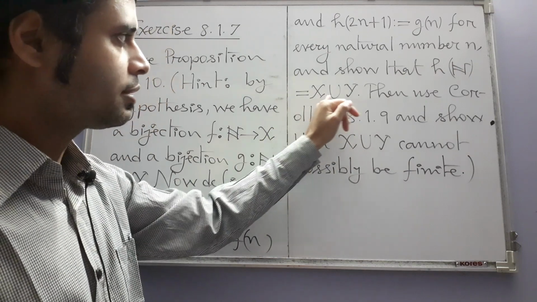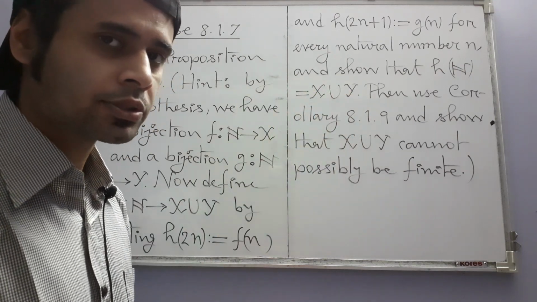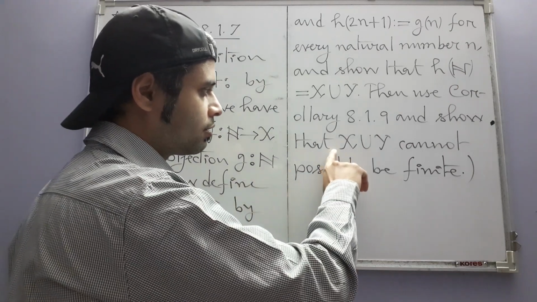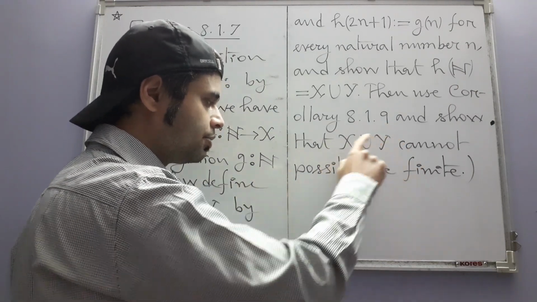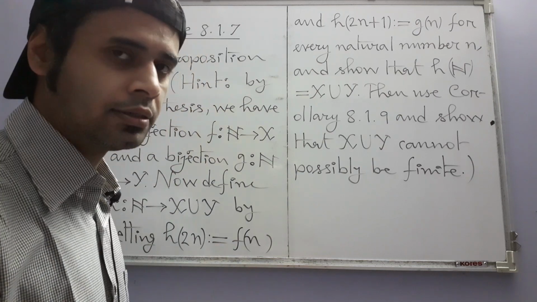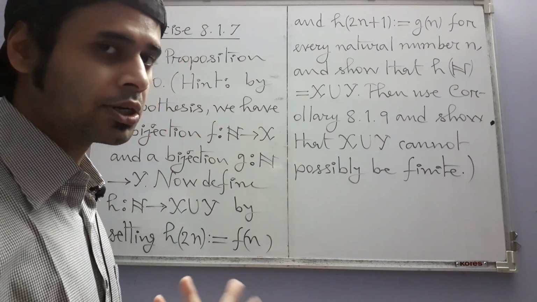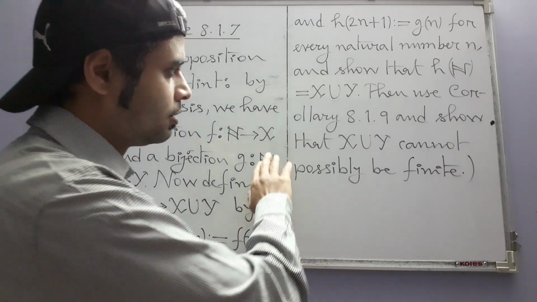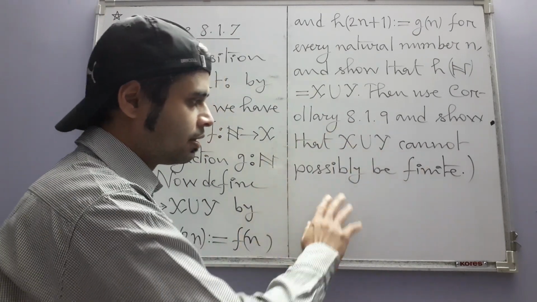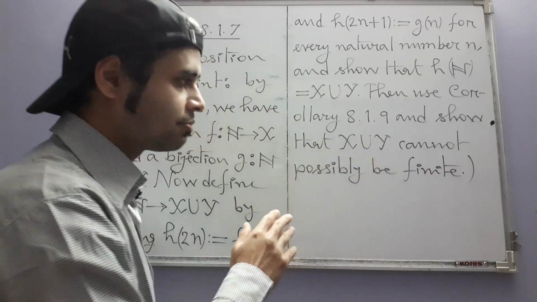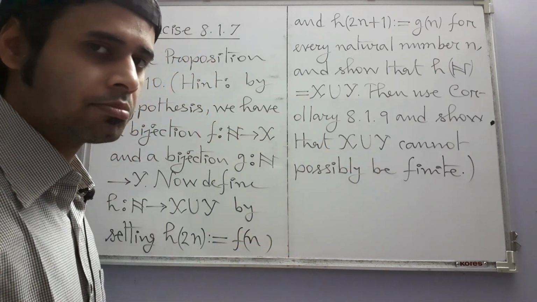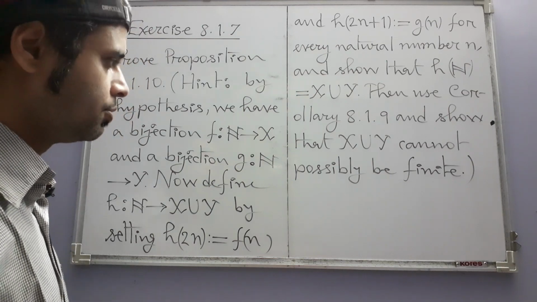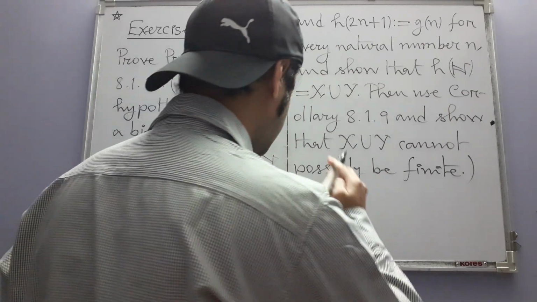That means X union Y would then be at most countable, and if we are also able to show that X union Y cannot be finite, then it has to be countable, because by then it will have been proved that it's at most countable. So combining that with the infiniteness of X union Y, it would imply that X union Y is countable, and that's what we want to prove. So let's see the solution.